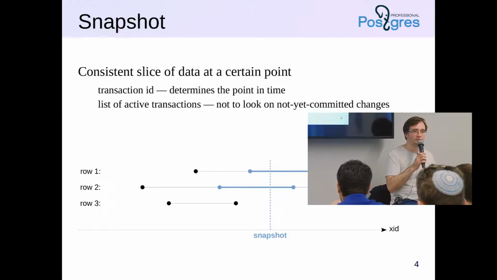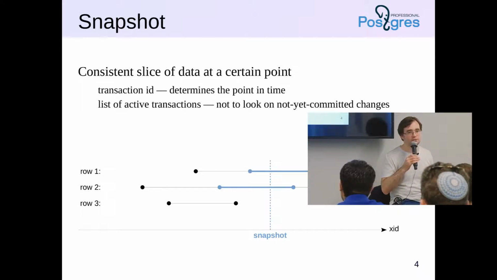So that's why we can mix reads and writes. If I read this row version, other commands may change this row, but I will still see the same row version as it was before.